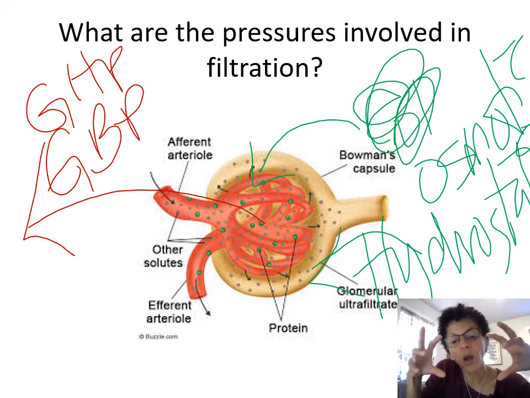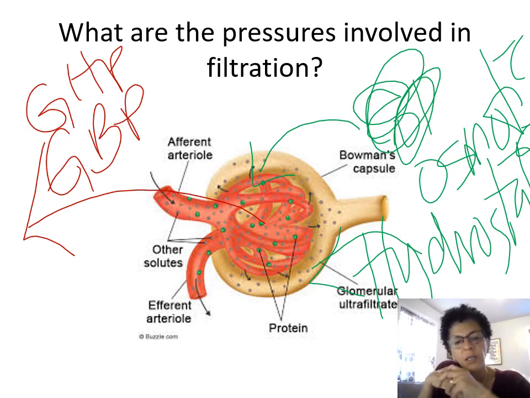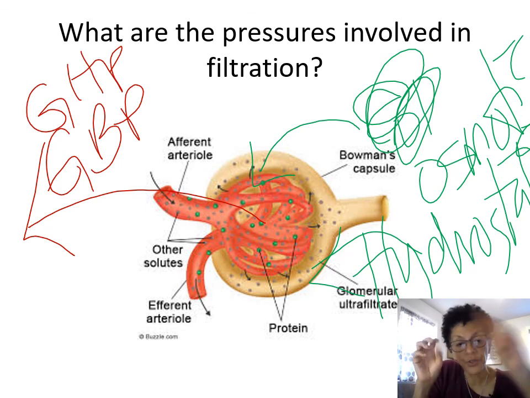It's the fact that the water molecules already in the glomerular space are also sticking to the outside of the glomerulus and pushing against it. So 3 pressures: pressure pushing out, glomerular blood pressure, and 2 pressures pushing back in. One is osmotic, the other is hydrostatic.